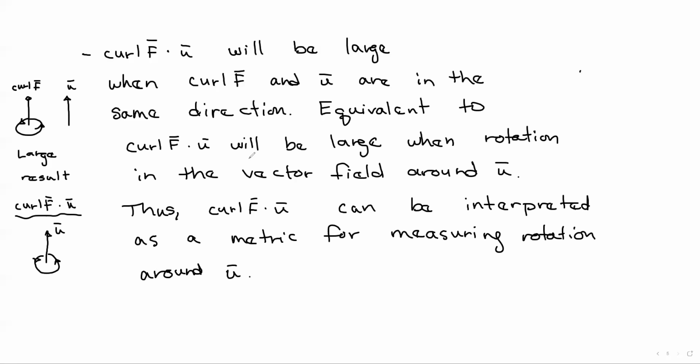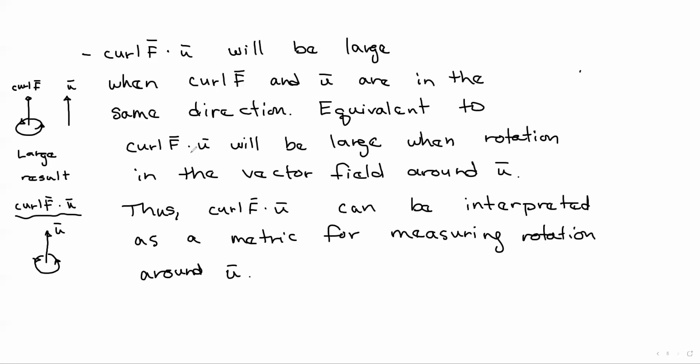Okay, so let me go through that one more time. We start off, we've got curl of f dot u. We know that's going to be large when curl of f and u are parallel, when they're in the same direction, when the picture looks like this. And what we're saying is that if curl of f dot u is going to be large when they're parallel, then it is going to be large when u replaces curl of f and you're measuring the rotation around u.